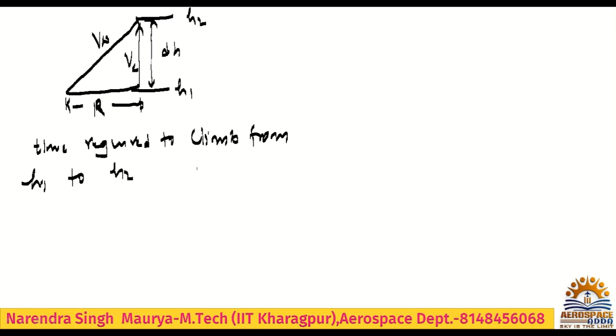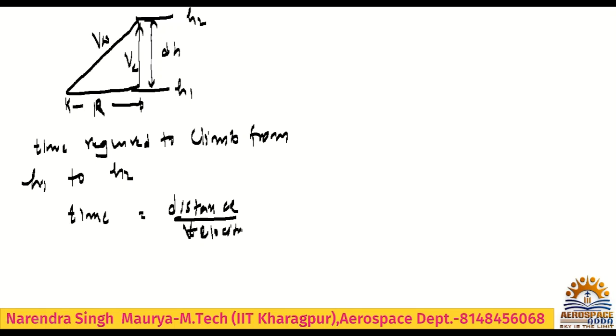The vertical velocity component is given, and the distance dh is given. So time is distance divided by velocity, a simple formula.